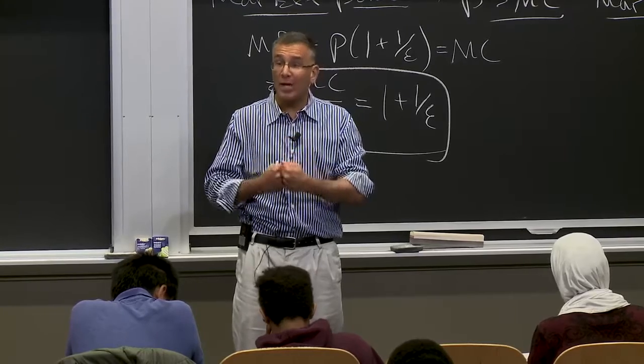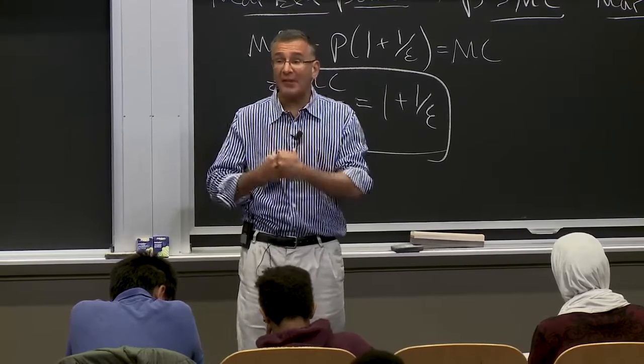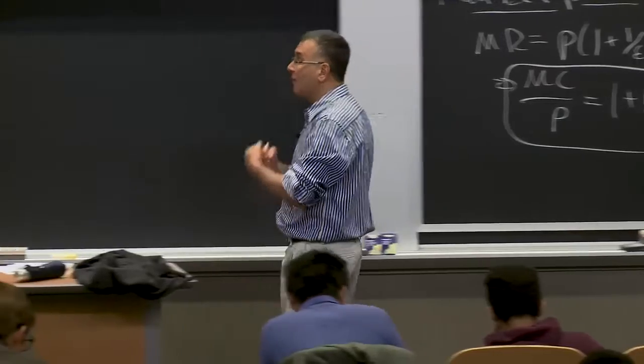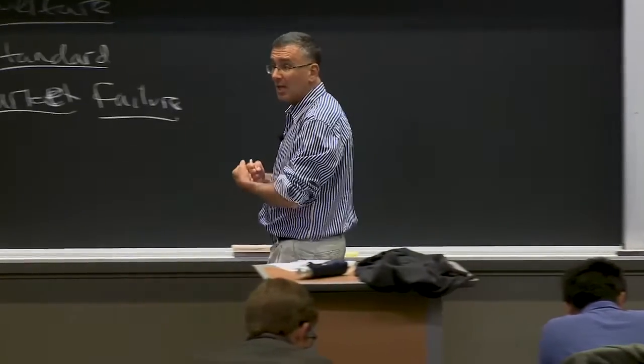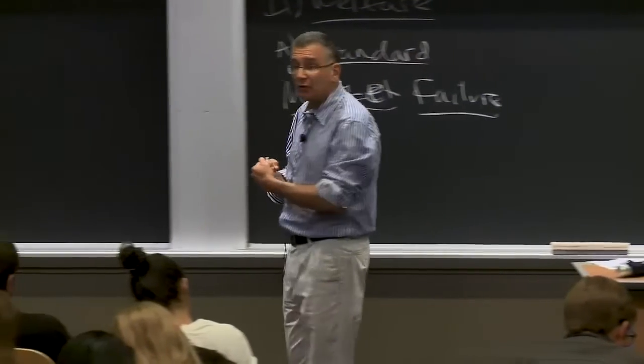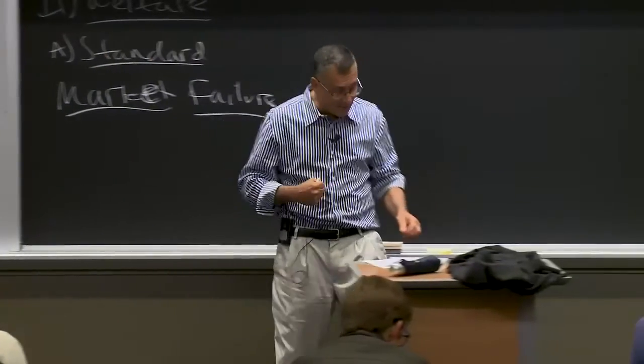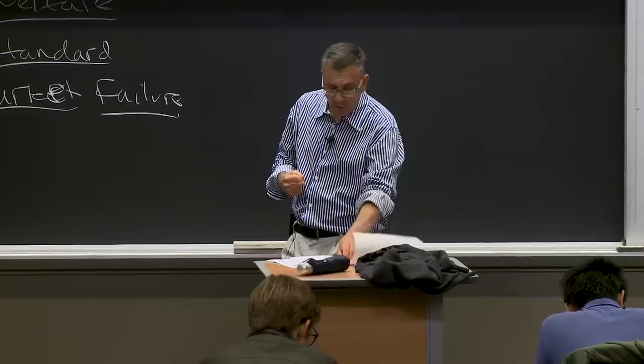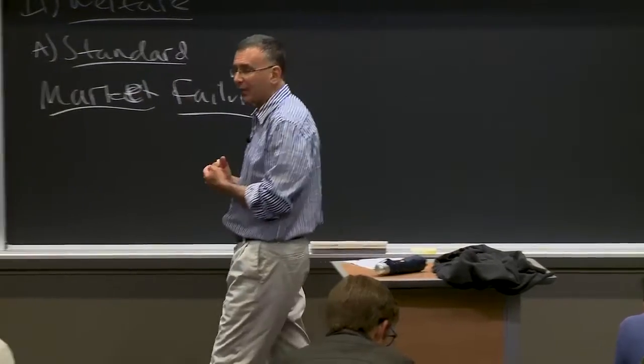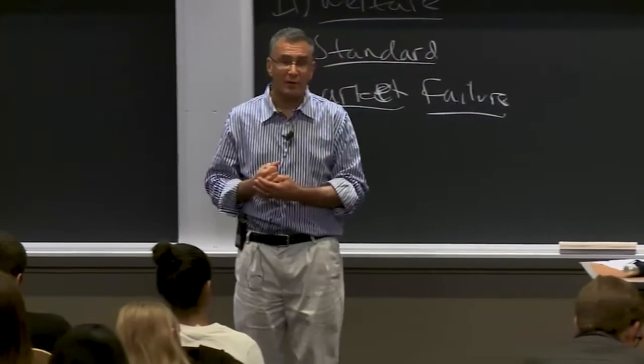So whenever the market equilibrium does not maximize social welfare, you've got a market failure. In the perfectly competitive case, we didn't have a failure because the market equilibrium maximized welfare. That's not true here. Therefore, it's a market failure.